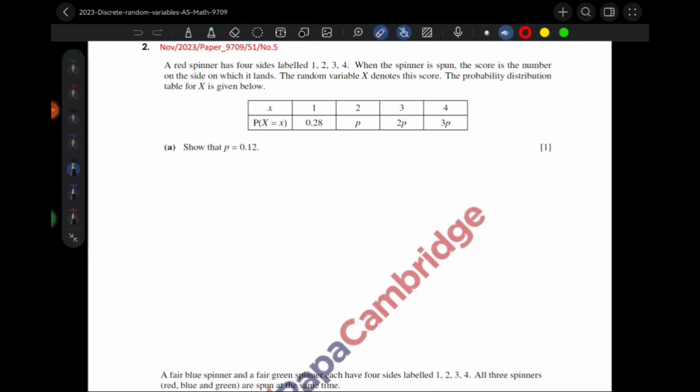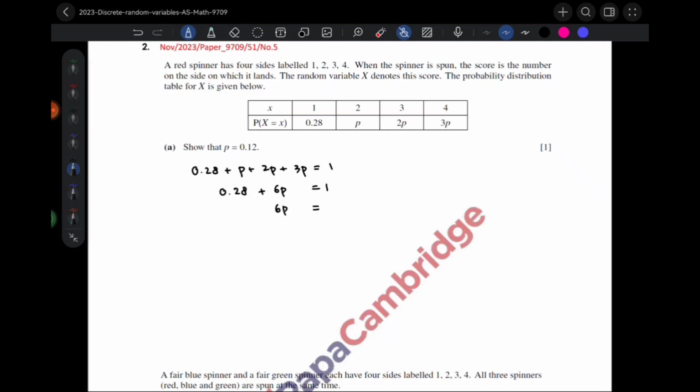This must be easy. For this question, you need to remember the property that the sum of probabilities equals 1. So we have 4 outcomes here, and the sum of these probabilities must equal 1. That means 0.28 plus p plus 2p plus 3p equals 1. 0.28 plus 6p equals 1.